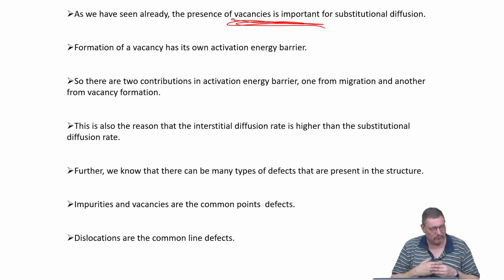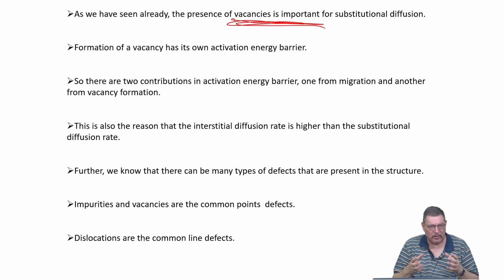This is again dictated by thermodynamics because of the mixing entropy between quasi-particles and particles. But you often need more than the equilibrium concentration of vacancies in order to have enough sites for substitutional diffusion. And so vacancies need to be created, and they need to be created where they are needed.